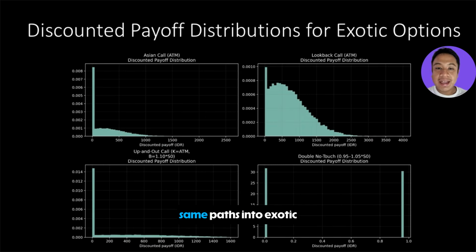Now we turn the same paths into exotic payoffs. On this slide, you see the discounted payoff distributions for 4 products. 1. Asian call ATM. Payoff depends on the average USDIDR along the path. It smooths out short-term noise, so the distribution is more concentrated. 2. Lookback call ATM.